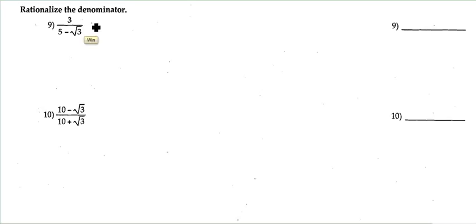We will multiply both top and bottom by what? 5 plus radical 3 over 5 plus radical 3. Now what is the name for that? Start with a C. Conjugate. Okay.